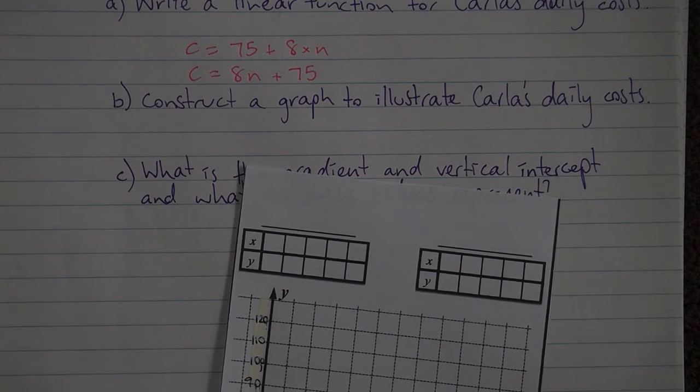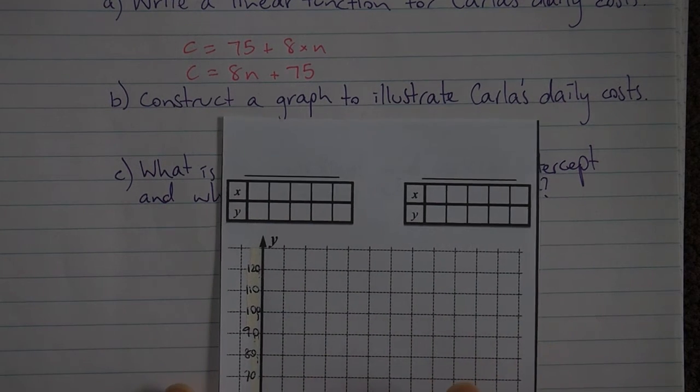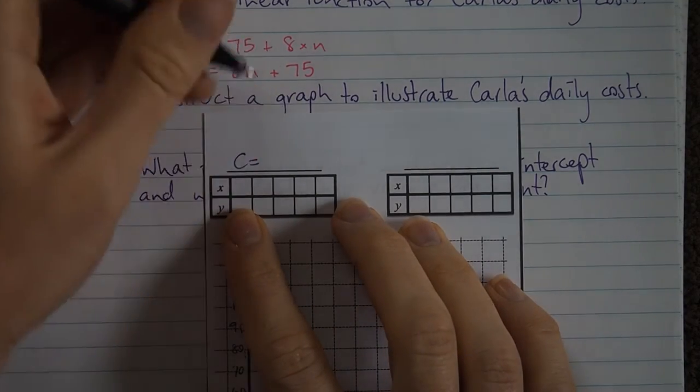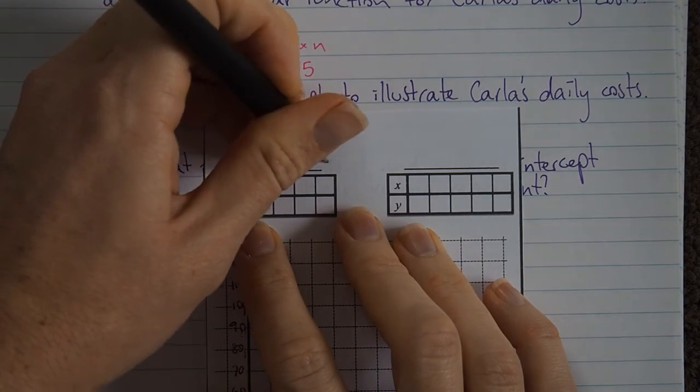Then we are asked to construct a graph to illustrate Carla's daily costs. On my grid, I have a nice handy table of values. I'm going to write my equation at the top: C equals 8N plus 75.